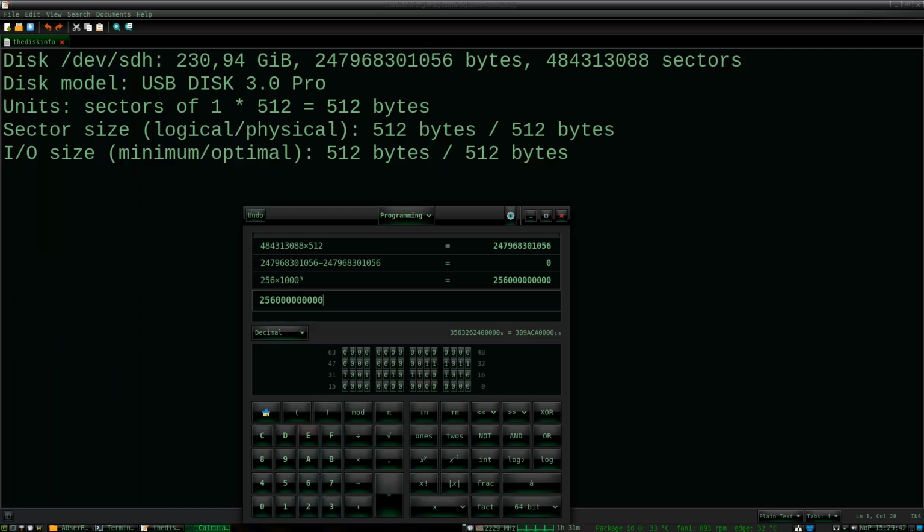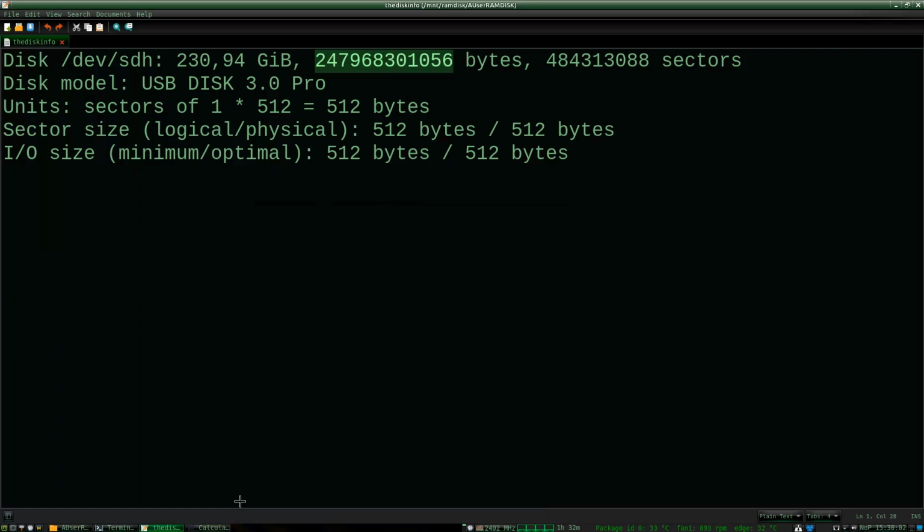So here's my question then. Is there something about USB sticks that I'm unfamiliar with? Some technology, some redundancy thing going on, where some of those bytes are allocated for redundancy purposes.